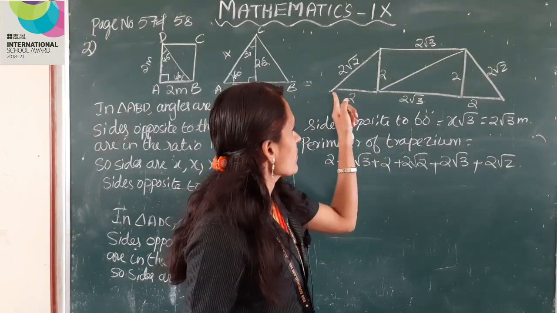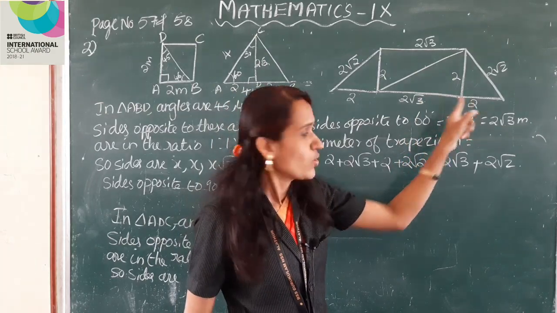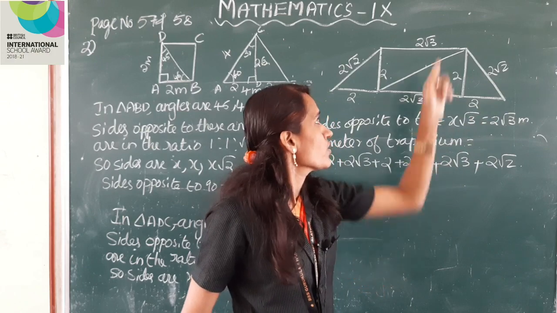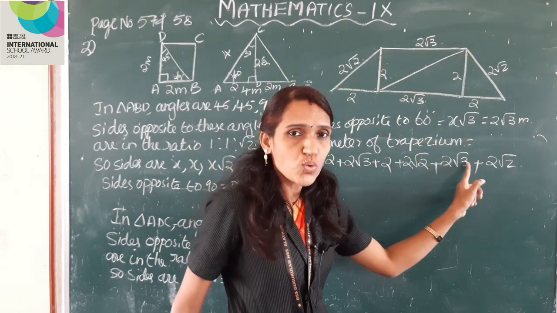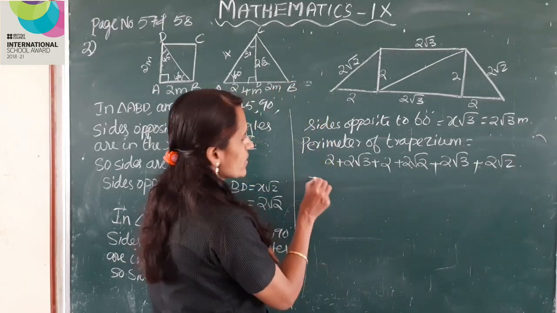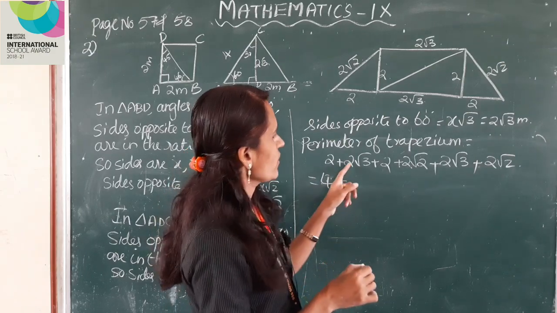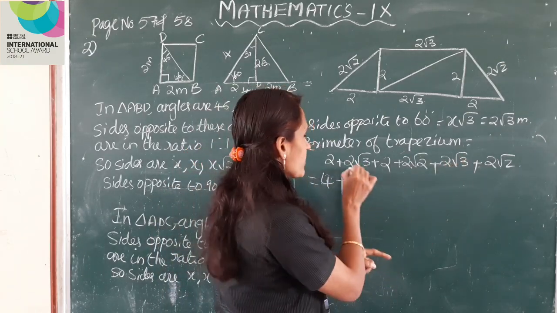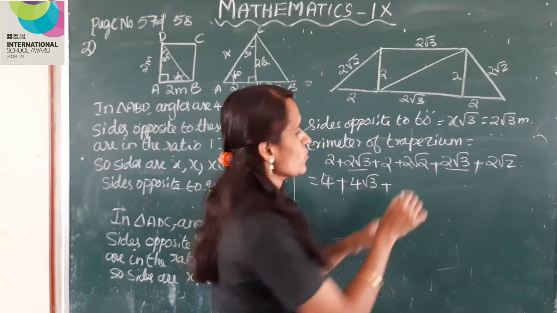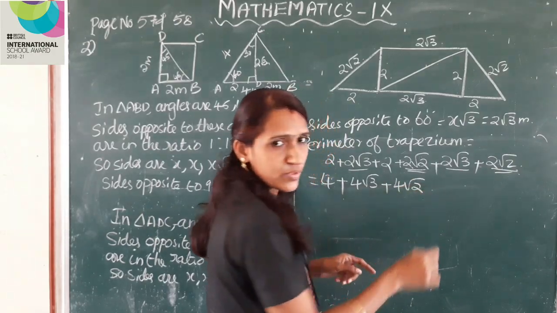This is equal to 2 plus 2, 4, plus 2√3 plus 2√3, 4√3, plus 2√2 plus 2√2, 4√2.